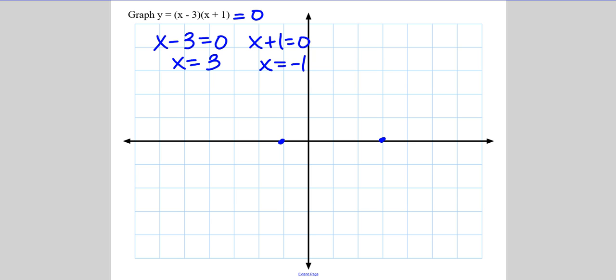So we found our zeros at 3 and at -1. Now this one, we could also factor it out, and we could find our y-intercept, and because our leading coefficient is 1, because all the x's both have 1, and then out front there's a 1, then we could see the pattern here. So let's FOIL this one out also.